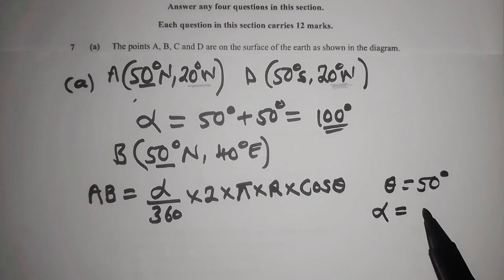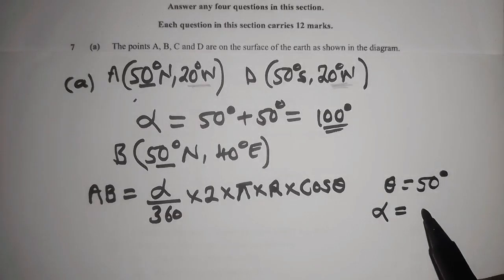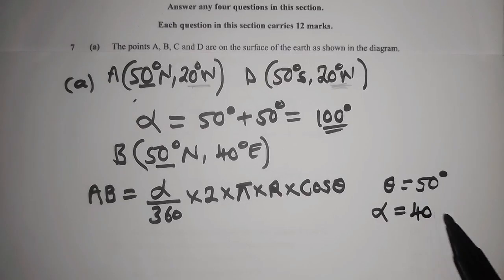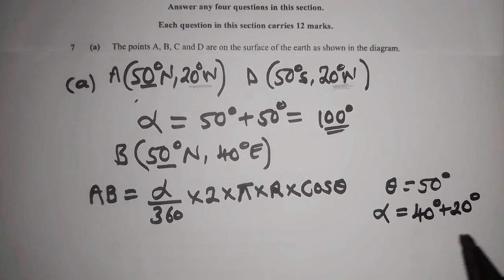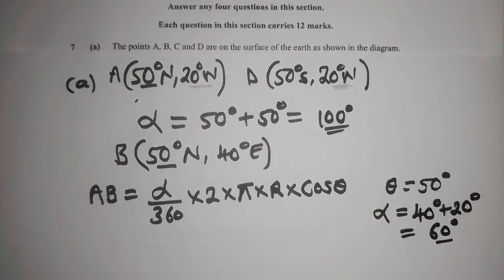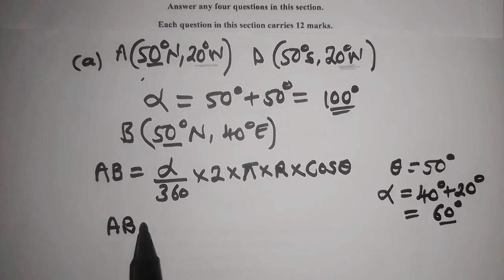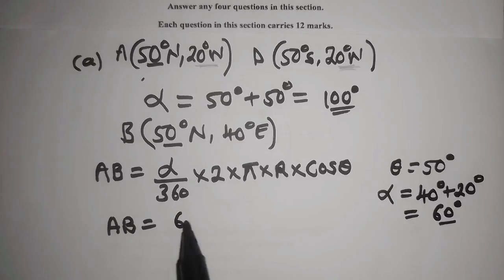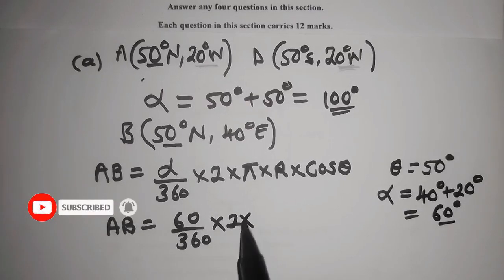One is on west, the other is on east. If they lie on different hemispheres, you add them. So 40 degrees plus 20 degrees gives you 60 degrees. Therefore, distance AB equals 60 divided by 360, multiplied by 2.